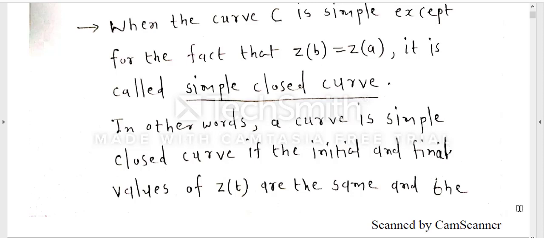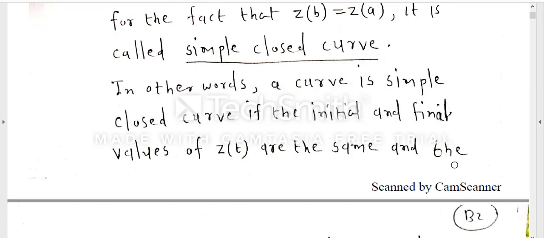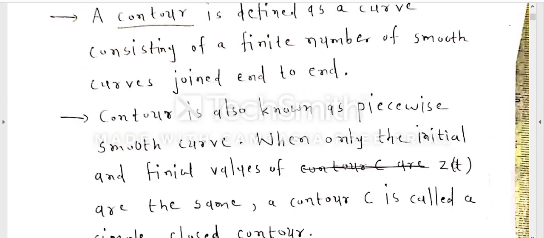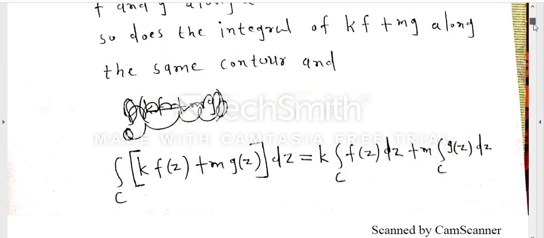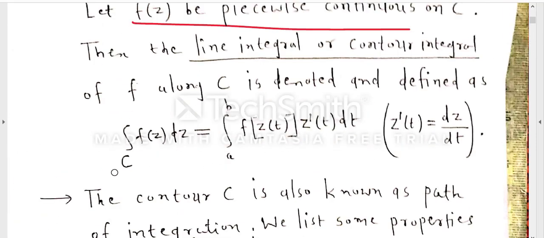Today we will discuss some more examples of contour integrals. In the last lecture we had discussed how to evaluate contour integrals. To evaluate contour integrals you just have to convert your complex function from complex variable z to real variable t.